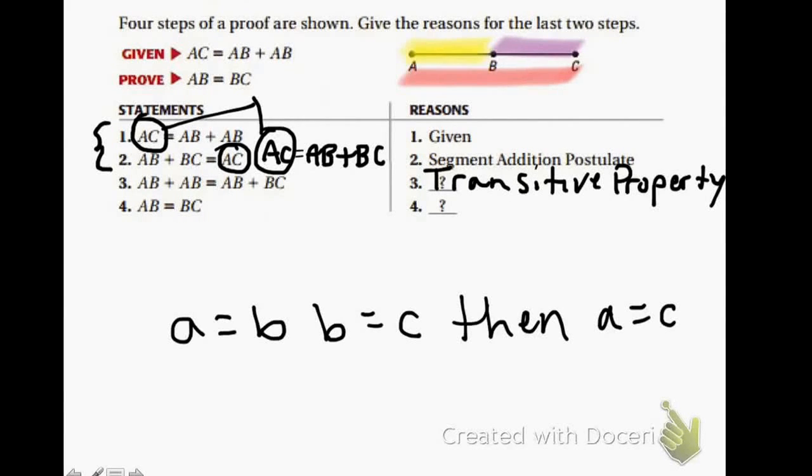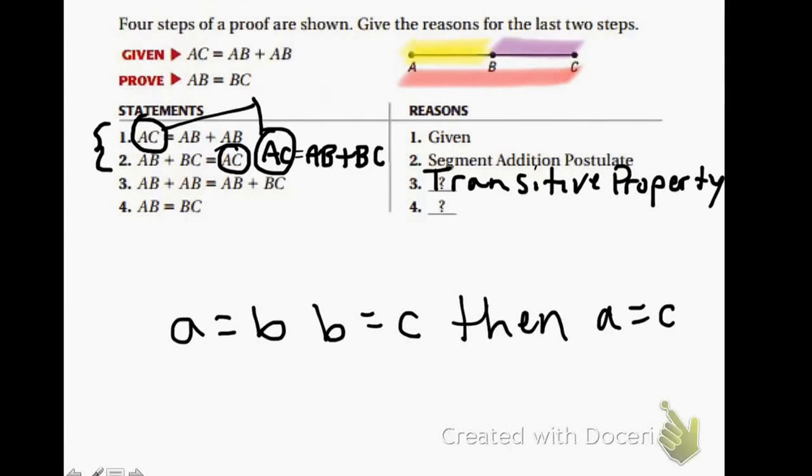All right, last statement. How do we get to the last statement? How do we say that AB must equal BC? If you notice in the previous statement, they both had what in them? Look at the left side and the right side of that previous line. They both have an AB in it, don't they? So why don't we go ahead and subtract that from both sides?